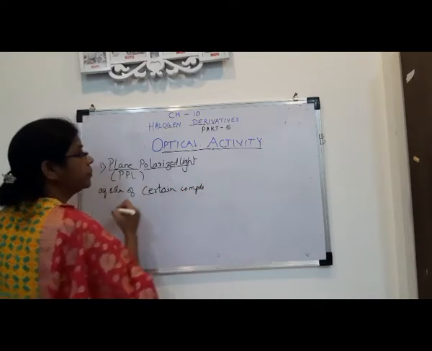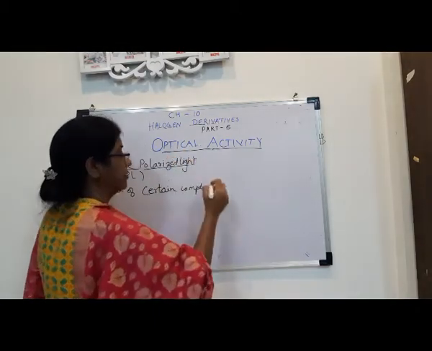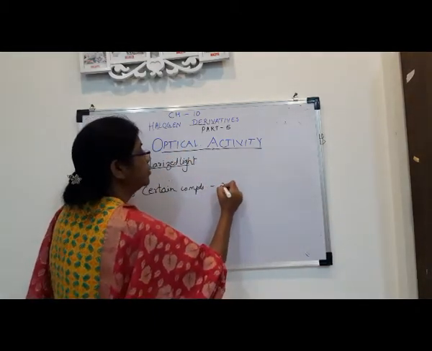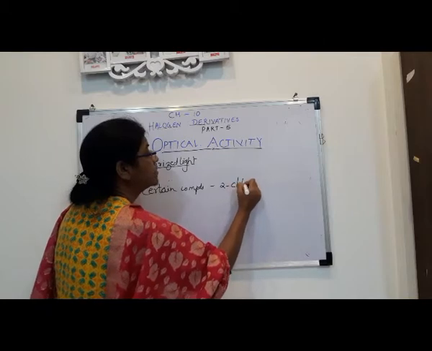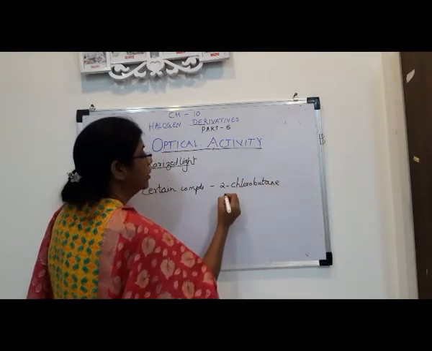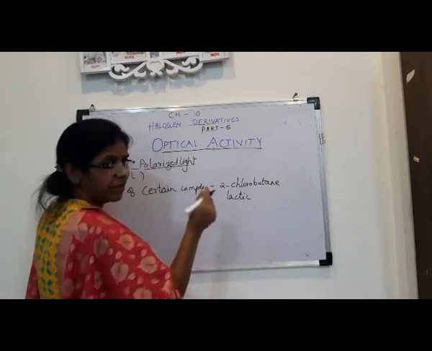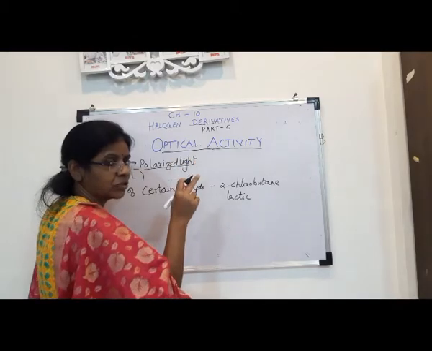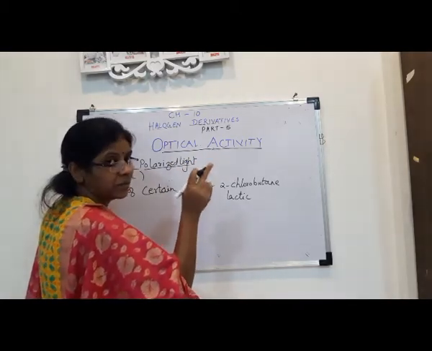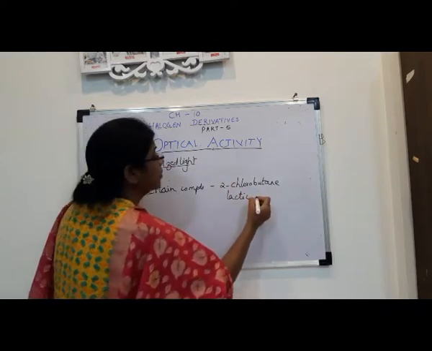Which organic compounds? Those which contain at least one chiral carbon atom, like 2-chlorobutane, which we have seen earlier, or lactic acid, and there are many more, where one carbon atom is attached to four different atoms or groups of atoms. So that is containing one chiral carbon atom.